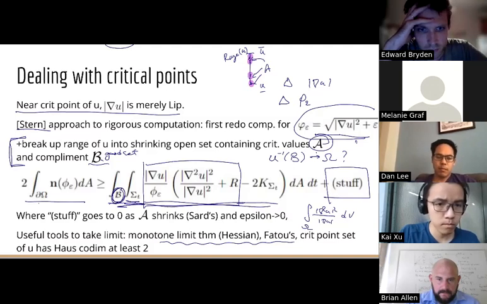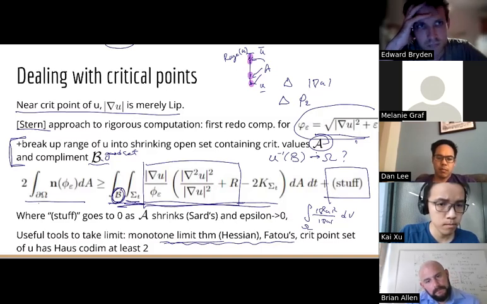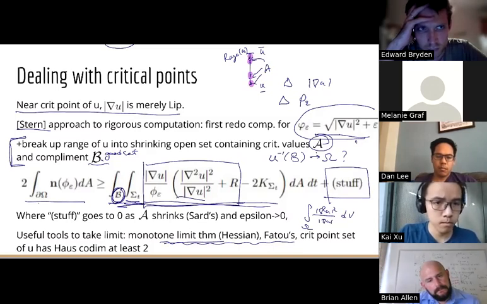Anyway, there are ways to compute in a slightly different order and use some limit theorems. For instance, you can use the monotone convergence theorem on the Hessian part, because that's a non-negative thing, and as you take regions exhausting all of omega, this will converge. And the scalar curvature part can also eventually be written as a bulk integral, not just as an iterated integral here.